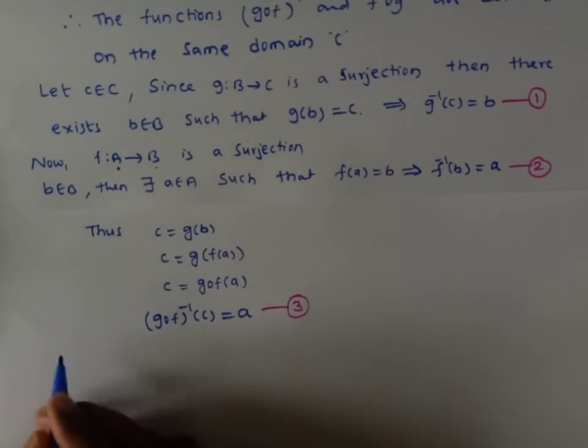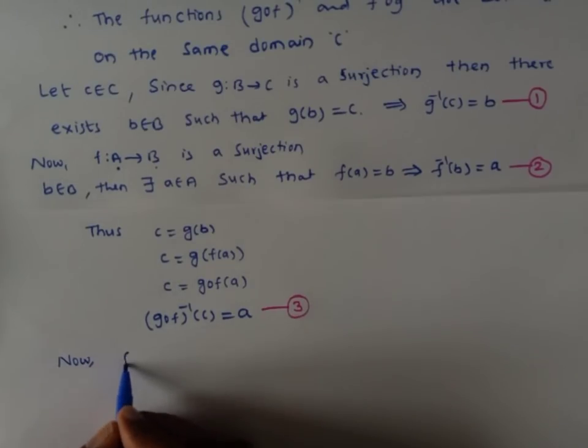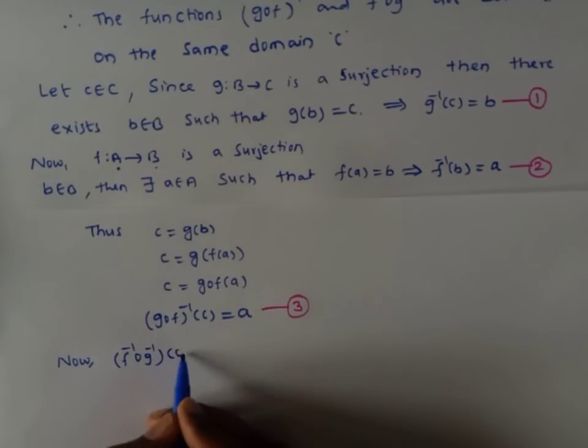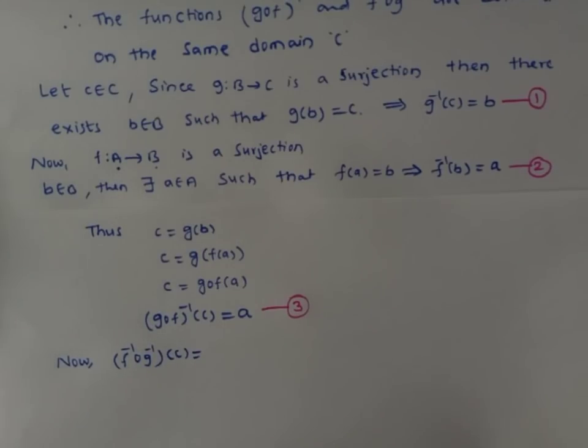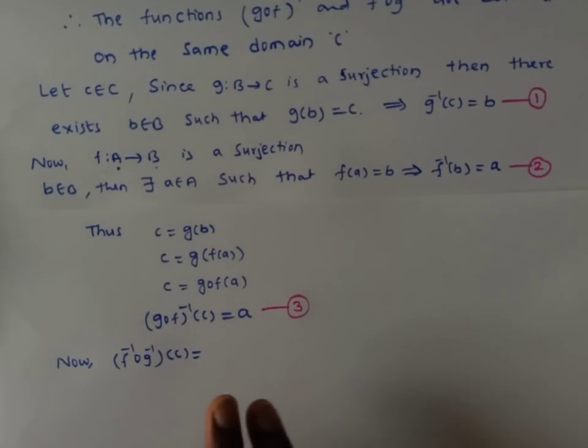Now what you have to show is (F inverse circle G inverse) of C is also A. It is enough to prove that (F inverse circle G inverse) of C equals A, because what we want is (G circle F) whole inverse equal to F inverse circle G inverse.